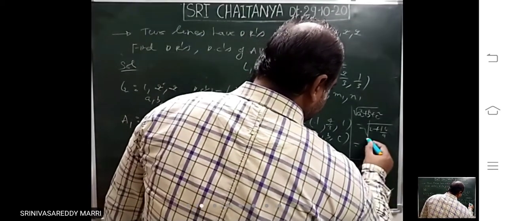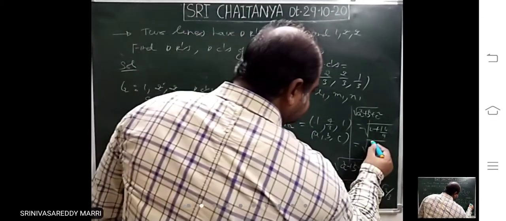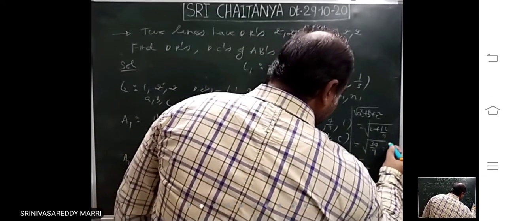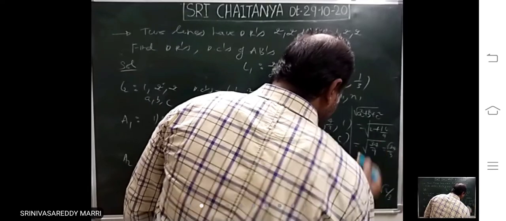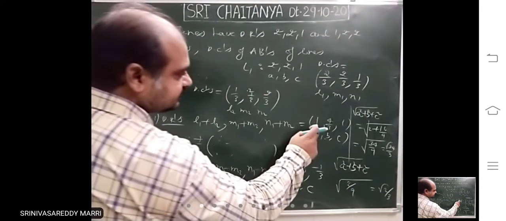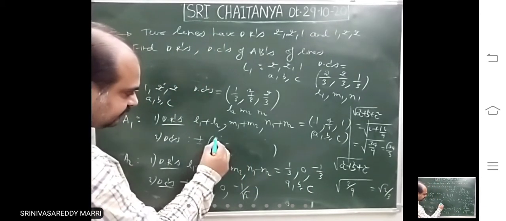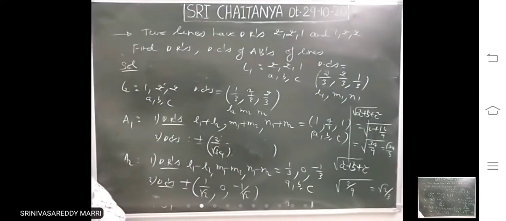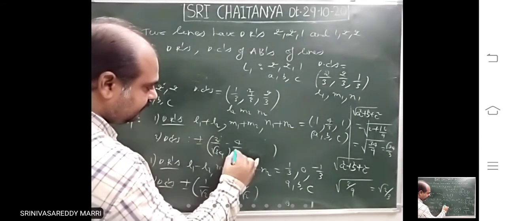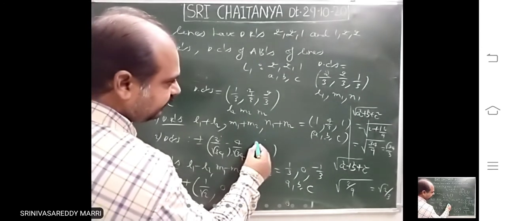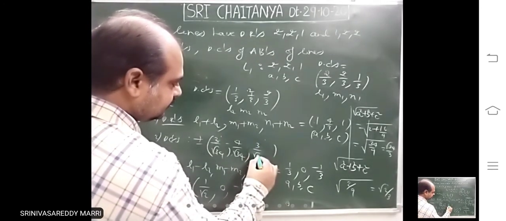Root of 18 plus 16, 34 divided by 9, root 34 divided by 3. So now you write plus or minus 1 divided by this, that means you will get 3 by root 34, comma. So 4 divided by root 34, comma. So 3 divided by root 34. These are the DCs.